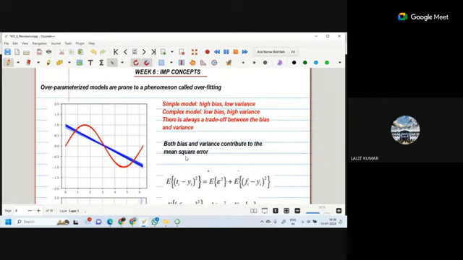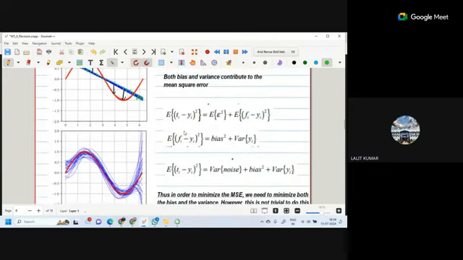So it has high bias, meaning the values are very, very far from the actual points. However, its variance, how much it is varying, is low. So we can say that simple models have high bias and low variance.